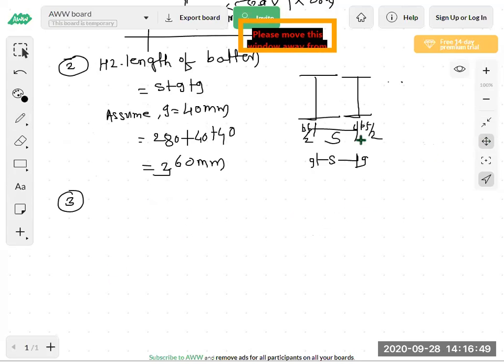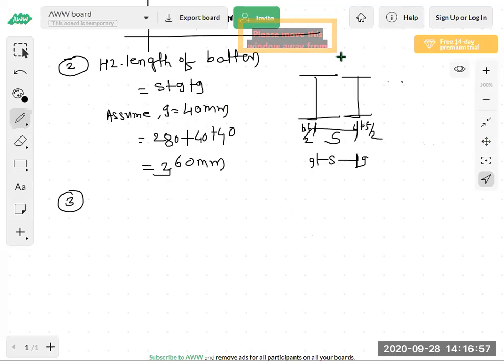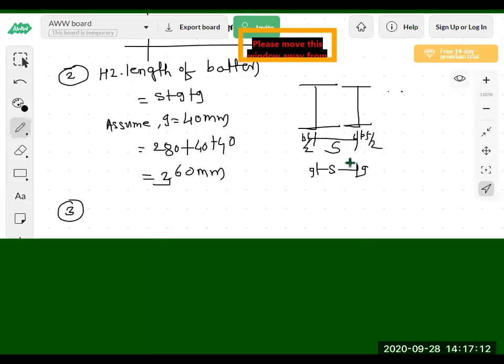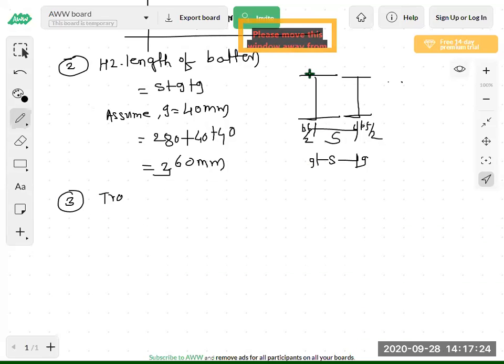Okay, next is the transverse shear. One of the questions I got from your side: if we add the bf, it means bf by 2 plus bf by 2, the value will change here.